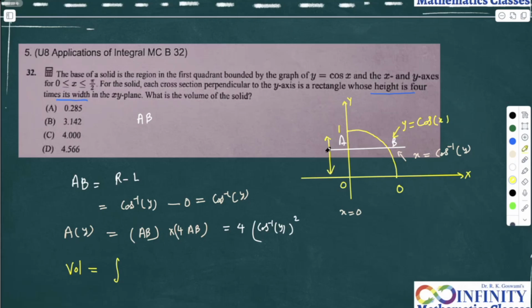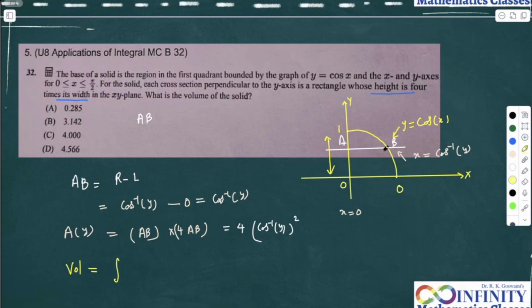Wouldn't it just be the 0 to pi over 2 since that's the range that's given in the problem? Give me a second. Basically, 0 to pi by 2, you're talking about this one. Yes.